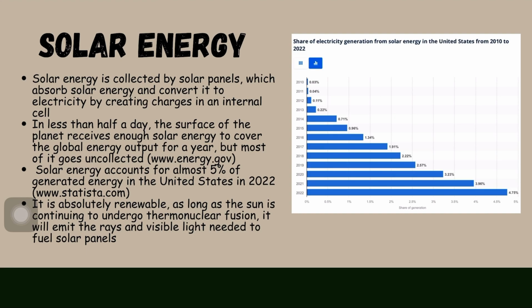But solar energy does account for almost 5% of all the generated energy in the United States, and this was as of 2022. It is a bit higher now, and it's absolutely renewable. As long as the sun is continuing to undergo thermonuclear fusion, it will emit the rays and the lights that we need to not only fuel solar panels, but also just feel its heat and reap its benefits in other ways like photosynthesis, and so on.